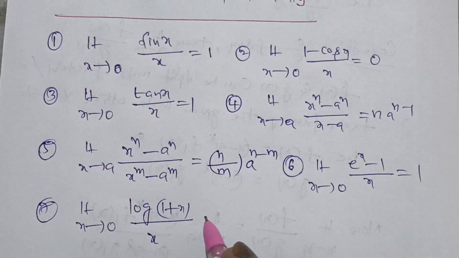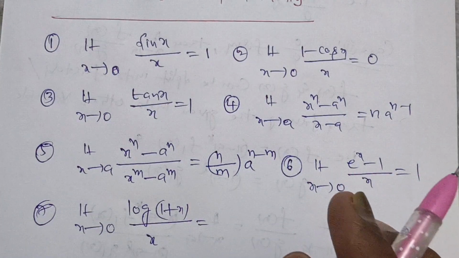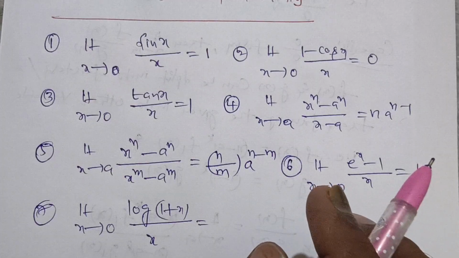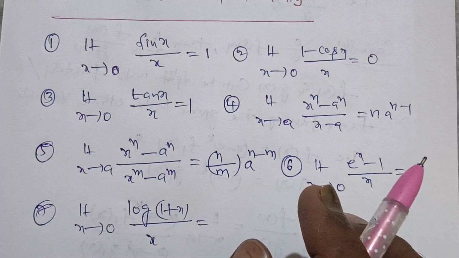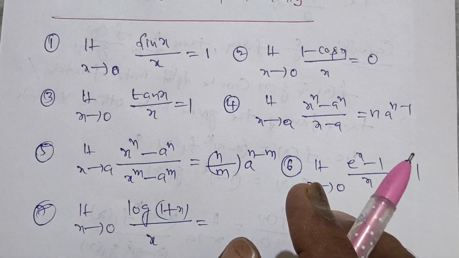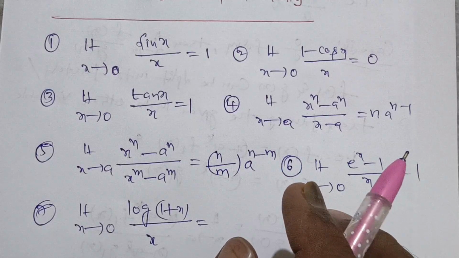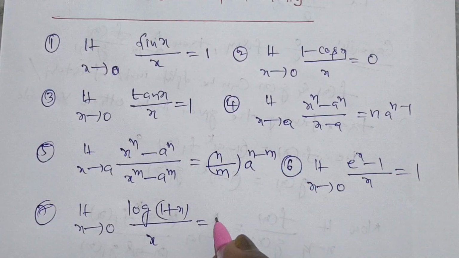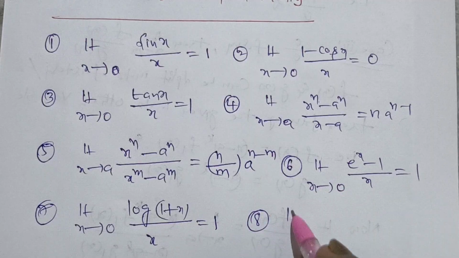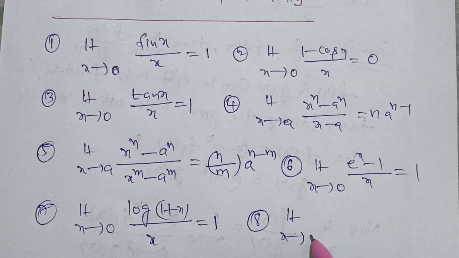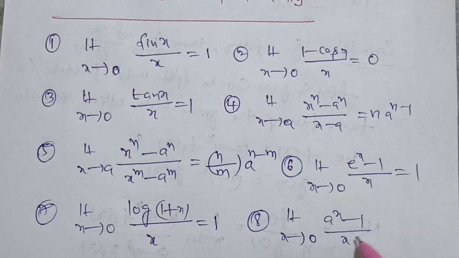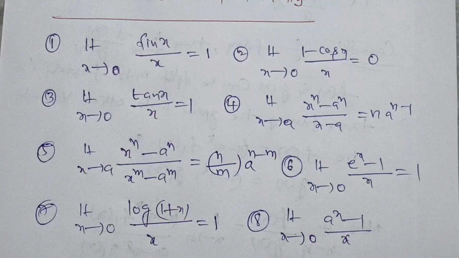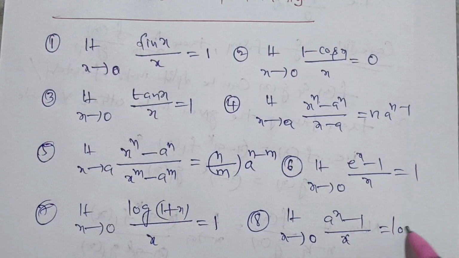And the eighth one is limit x approaches 0 of a power x minus 1 by x is equal to log a.